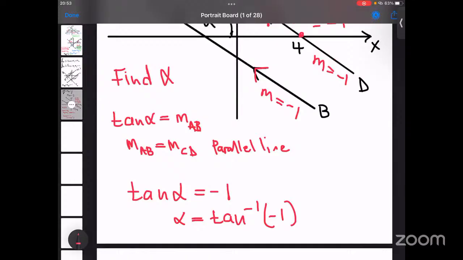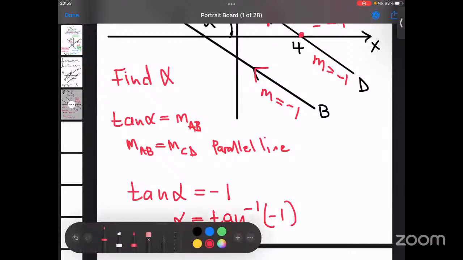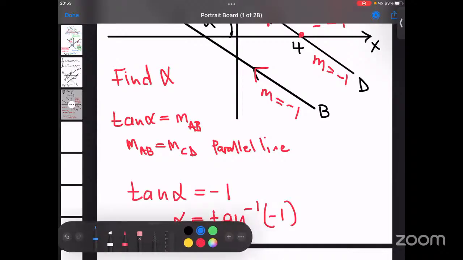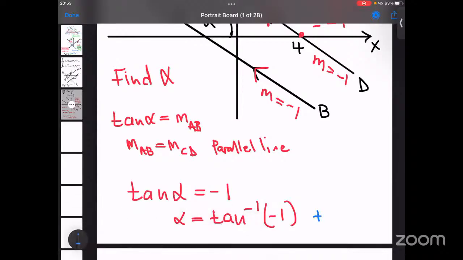What happens is, if the answer that you get is a negative answer, you must just always plus it by 180 degrees. Because when you calculate an angle of inclination, it must always be a positive angle. Every time you get a negative angle, you just plus it by 180 degrees.